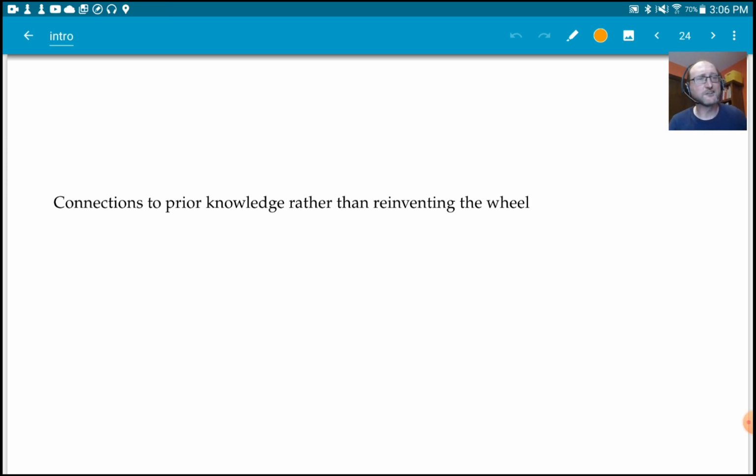So in this class, differentiable is always going to mean real differentiable unless we say it's complex differentiable or holomorphic.